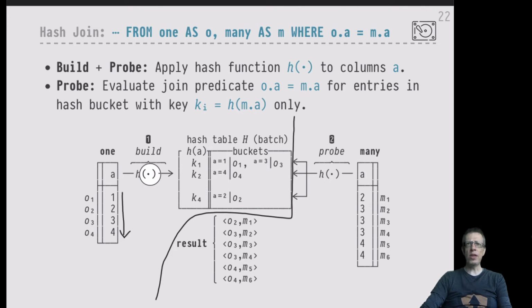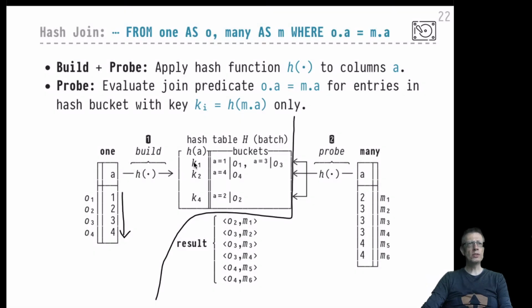The result of the hash function, the hash key that will be computed, these are the hash keys, will determine where that particular row O1, for example, will be placed inside our hash table. You can see that the hash function maps the key value 1 to key K1 because we find the row O1 here in the hash bucket that is associated with key K1.